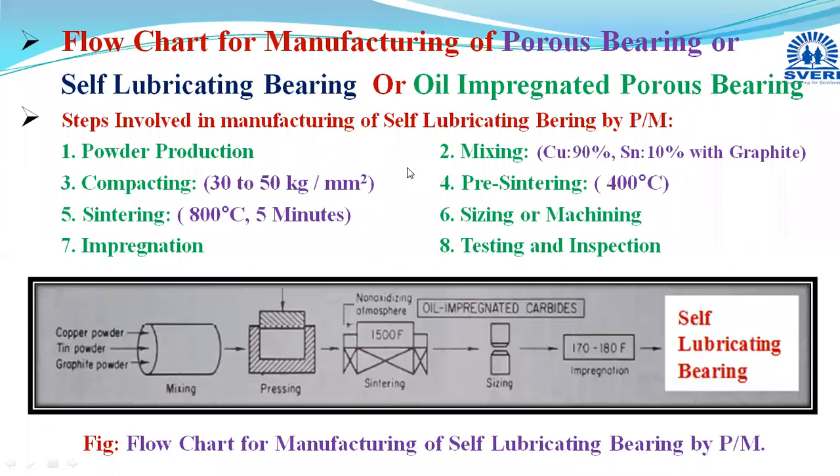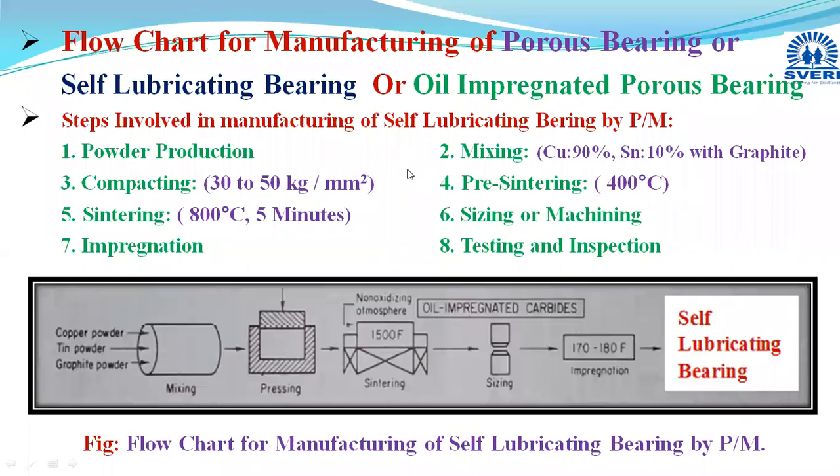Then whichever pores are there on the surface, the largest proportion of those pores should be interconnected, and they should be uniformly distributed. This is another requirement of a good porous bearing. And the fourth is that it should have very good, close dimensional accuracy.